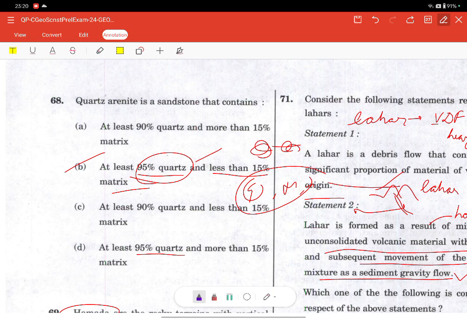Why are other options wrong? The first option can be the subarkose or the litharenite. More than 15% matrix leads to the greywacke, and presence of feldspar results in the arkose.